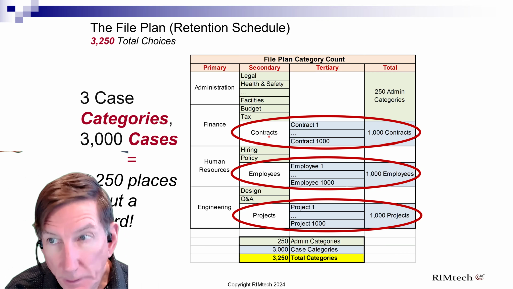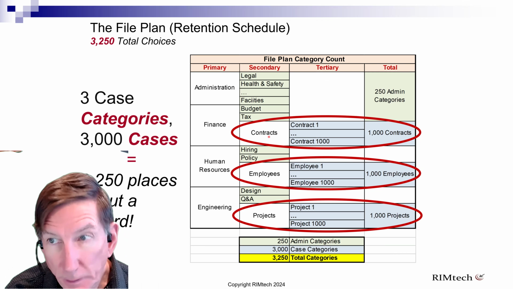So this goes on and on and on. And in your real SharePoint setup, you're likely to have tens of thousands of places for records to go. And yes, that is correct. And yes, that is normal. And yes, you got to get over it if it shocks you. Perfectly normal in an EDRMS.